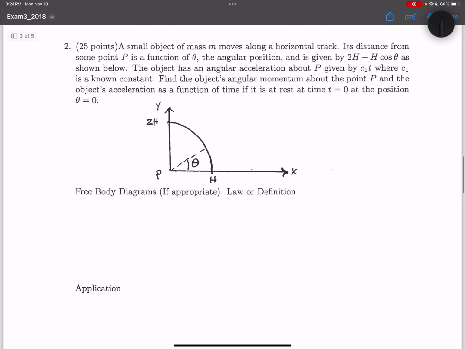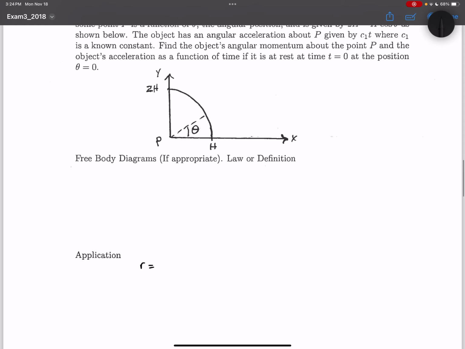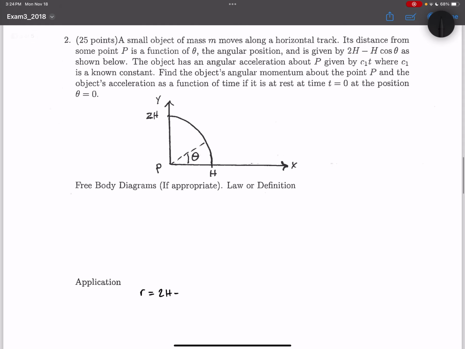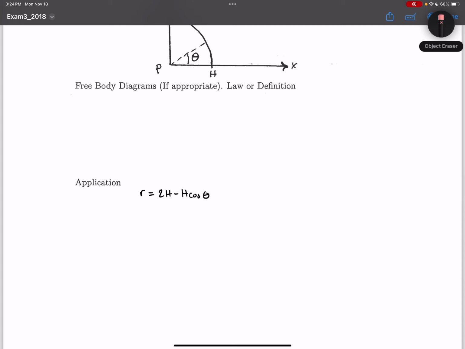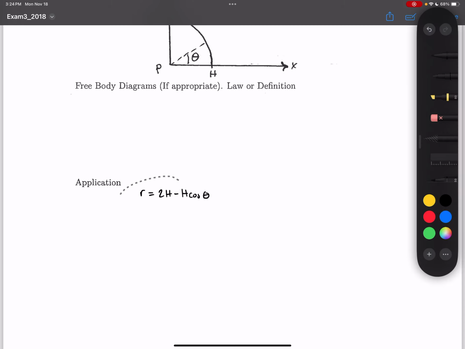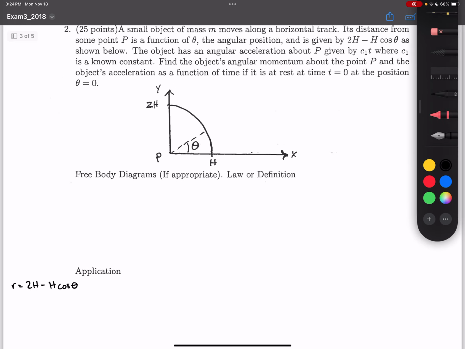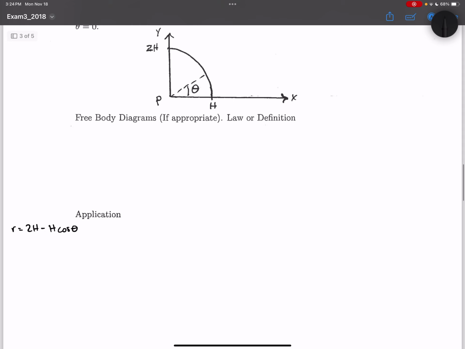So we know that r is equal to 2h minus h cosine theta. So r equals 2h minus h cosine of theta, and then dr dt is going to be the derivative of this.